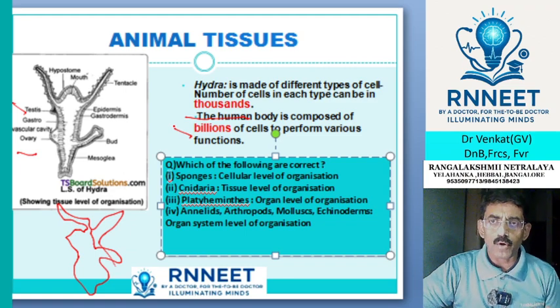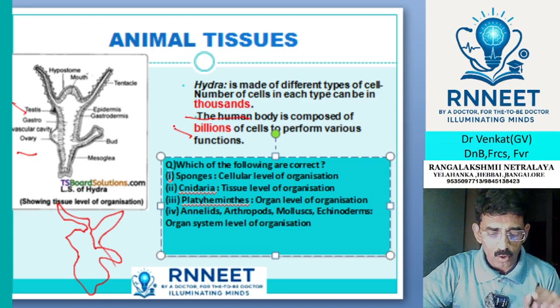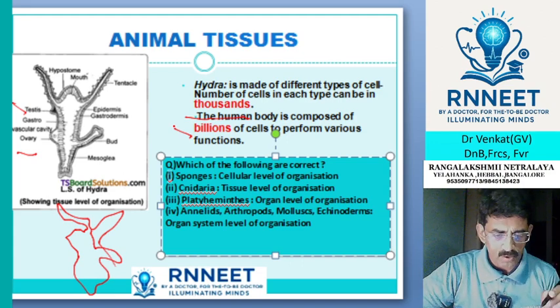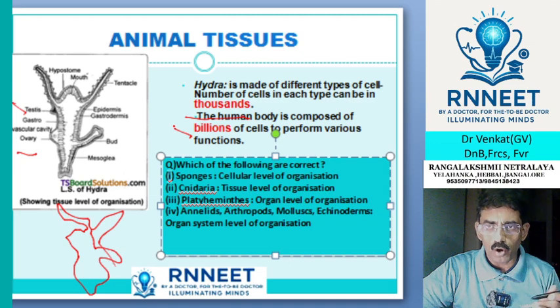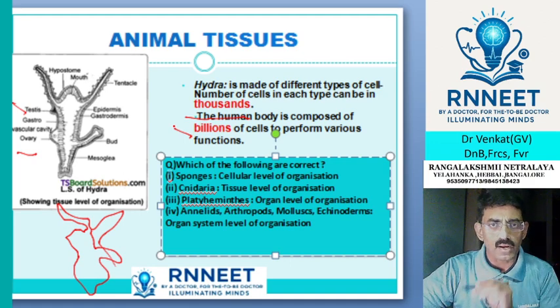Now, there's a very important question that has been asked. Look at this, which tells you about which of them is correct. They have given different types of organizations of tissues or cells, and they have asked which of these is correct.